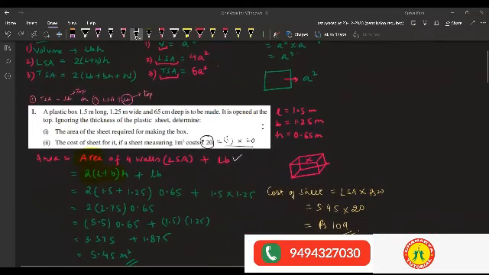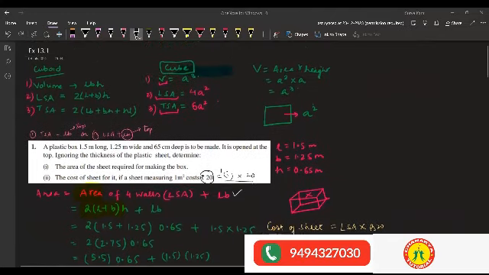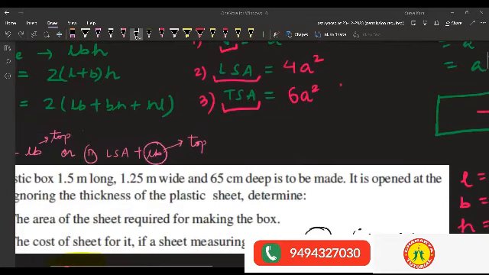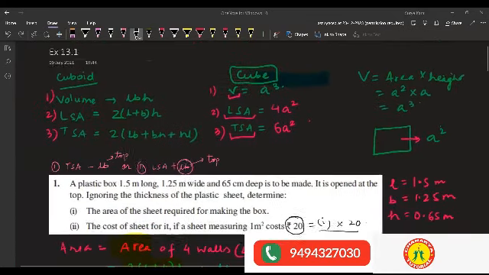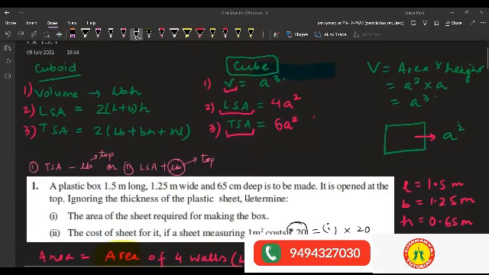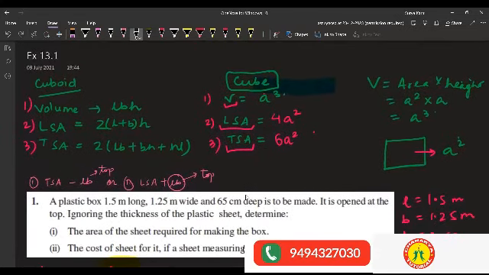Okay, all right. So try to find in meter square only, because the cost is given in meter square. If you do it in centimeter square also, not a problem. If you get the answer in centimeter square, you should convert it to meter square and then multiply by 20. Your wish, how you are going to find this, okay?